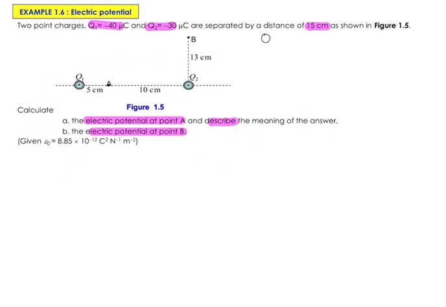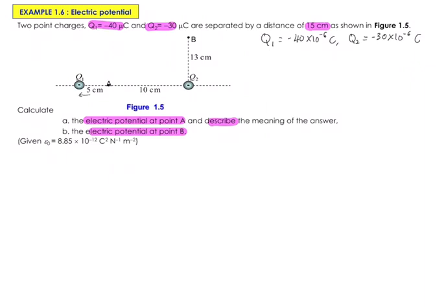I wrote down here, Q1 is negative 40 times 10 power of negative 6 coulomb. Q2 is negative 30 times 10 power of negative 6 coulomb. And here, we determine R1A. Where is your R1A? R1A is from point A to charge Q1.